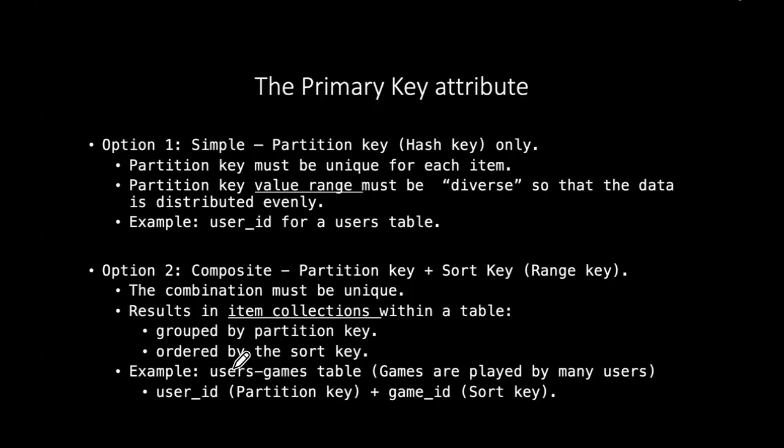Because the number of users is very high, the user ID might be a suitable partition key because it has a very diverse range of values. And let's say for simplicity's sake that the games are just numbered 1, 2, 3, 4. Some users won't have played all the games, but that's all right.